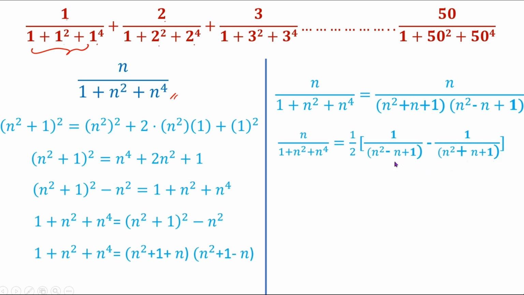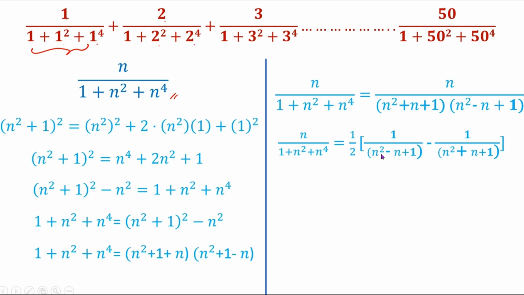So what happened? When you take the LCM here, these two terms will go into the denominator as they are, and in the numerator, this term will go here and this term will go here. Then n square will get cancelled and 1 will get cancelled, and the minus of minus n plus n becomes 2n. So the 2 is not there right here, and that's the reason I'm putting 1 by 2 over here, so that the 2 gets cancelled, and finally it will become this term.